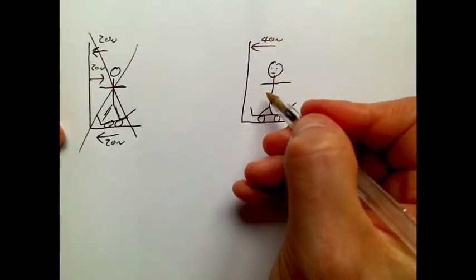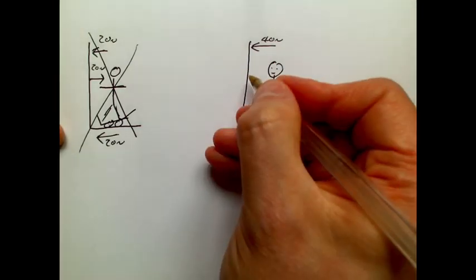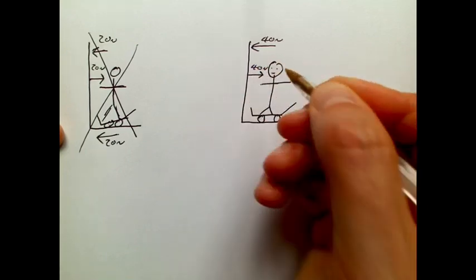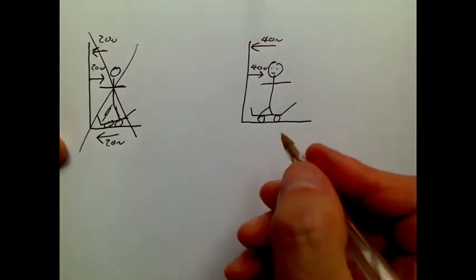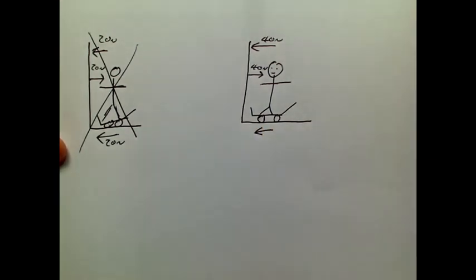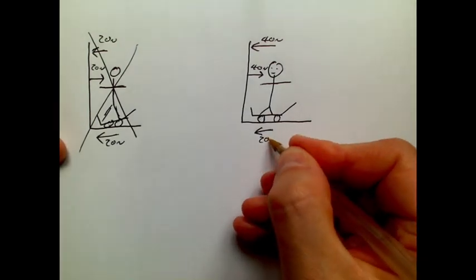If they push the wall with 40 newtons, according to Newton's third law of motion, the wall will push back with 40 newtons. We've still got friction to take into account, and the friction resists the motion, and we know through life experience we're going to go that way, and that's still 20 newtons.